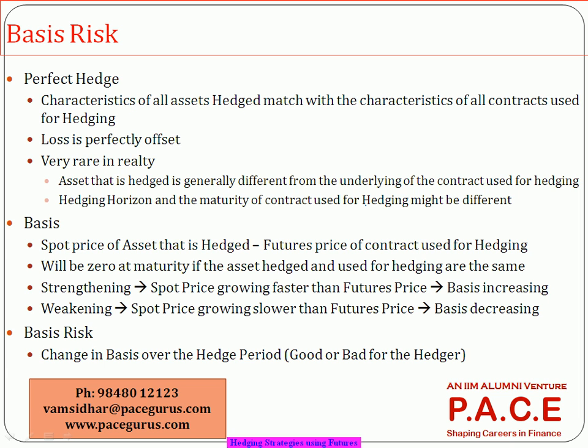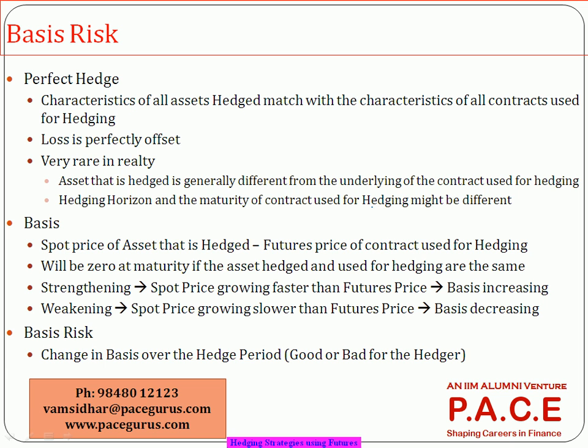The other scenario: let's say I have purchased olive oil, but I want to hold it for the next 1 year. I'm selling it off to you after 1 year, right? For this 1 year, I don't know whether the price is going to go low. If it is going to go low, it's a risk for me. So assuming olive oil futures are available in the market, but only for 3-month maturities.